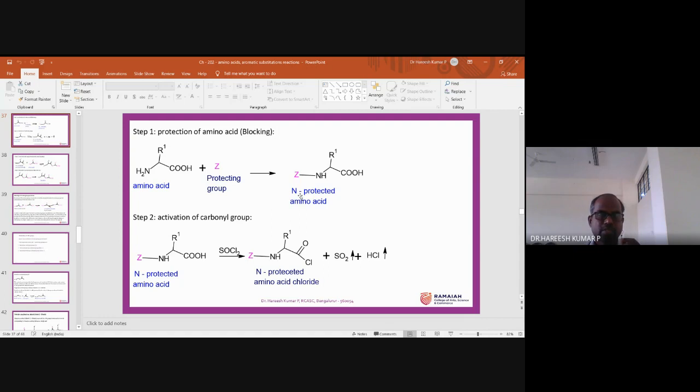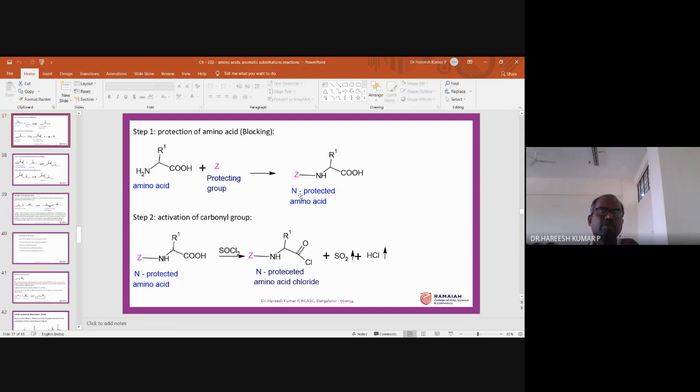We also discussed the synthesis, how one can synthesize a peptide. During the synthesis, unwanted product formation is observed, because of the interaction of the amino group and the carboxylic group of the same amino acid.